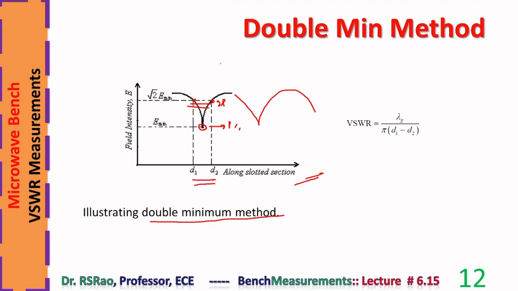Once this distance is known, and also once the distance between two consecutive minima is known, multiplying this distance gives guide wavelength. With the guide wavelength and the distance between double minimum points, one can find out SWR using this formula: lambda g by pi d1 d2 distance.